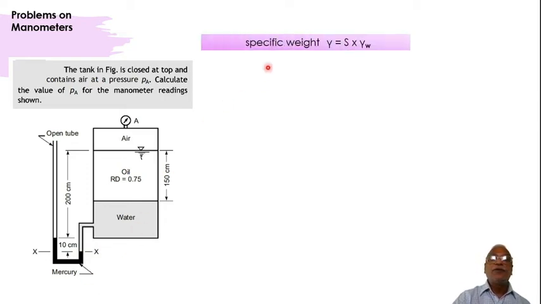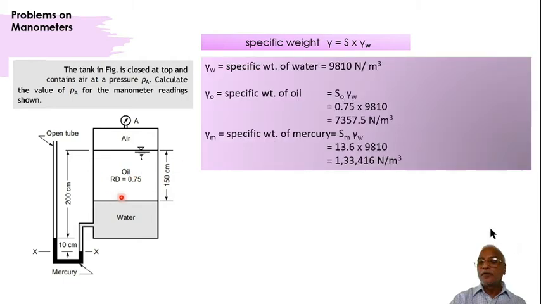Now first of all, how to make use of specific gravity. Gamma with a suffix O, the specific weight of oil, is equal to specific gravity multiplied by gamma W. Specific gravity is given to be 0.75 into 9810, which gives you 7357.5.